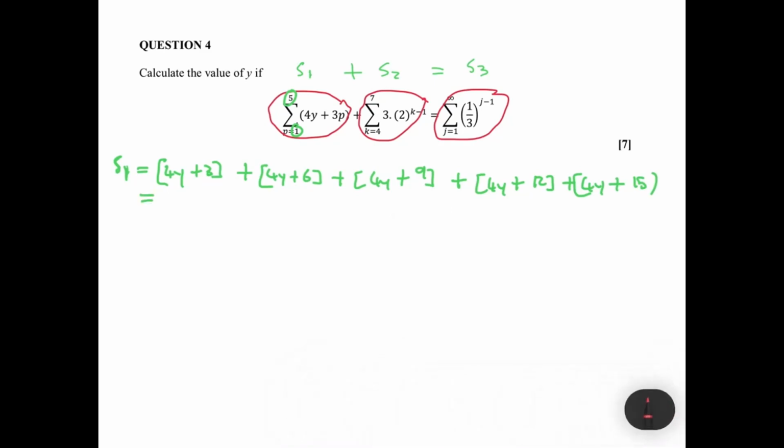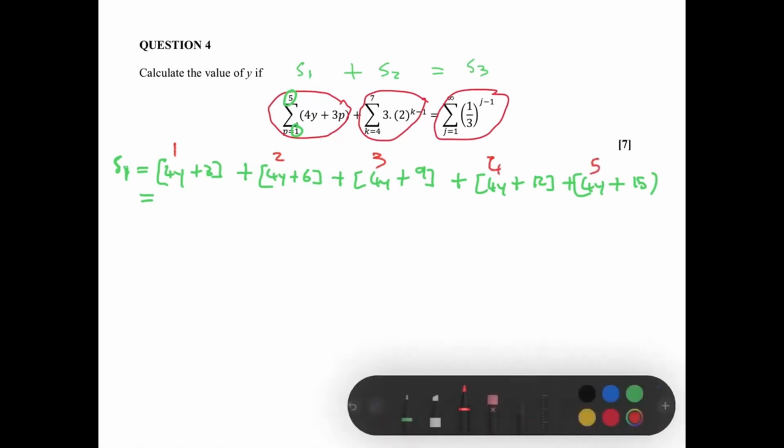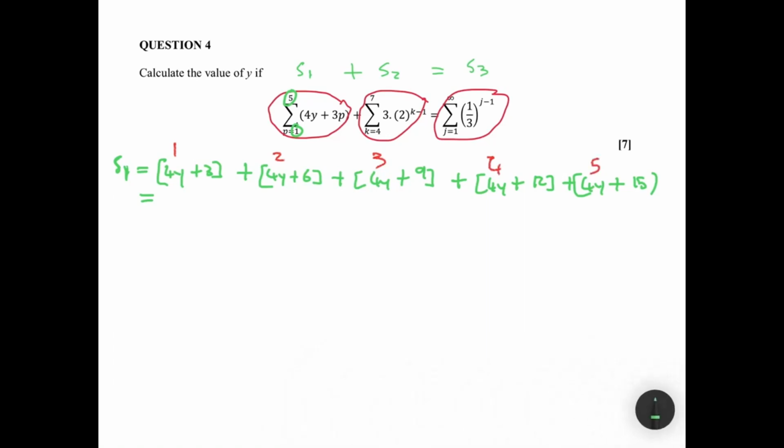I want you to realize something now. We have 4y, 4y, 4y, 4y, and 4y, right? We have 5 4y's. So the sum of that will be the same as 4y multiplied by 5. And then we have 3 plus 6 plus 9 plus 12 plus 15, right? We group in the like terms, so to say.